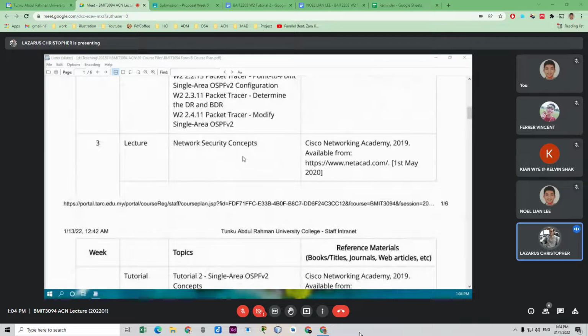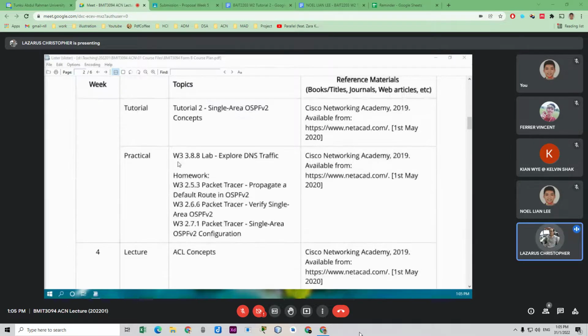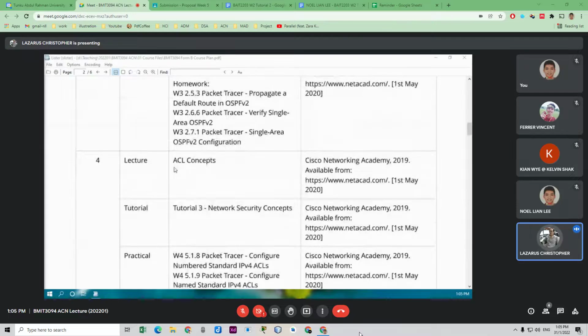security concept. Now, network security concept talks about all the possible network threats and also threat actors on the network security. And it continues with security with the access control list. The ACL concept for the week after is actually a continuation of securing our network.